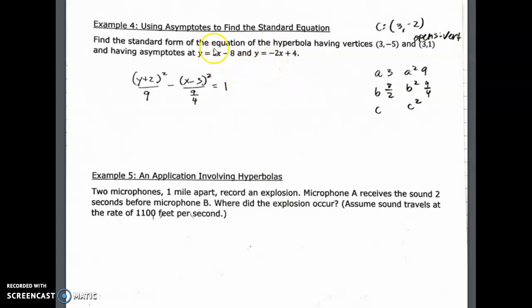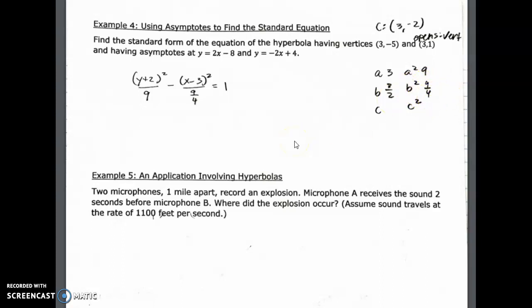And the slope is 2 and -2, which means that for a over b to reduce to positive or negative 2, our b value would have to be 3/2, which tells us our b squared is 9/4.